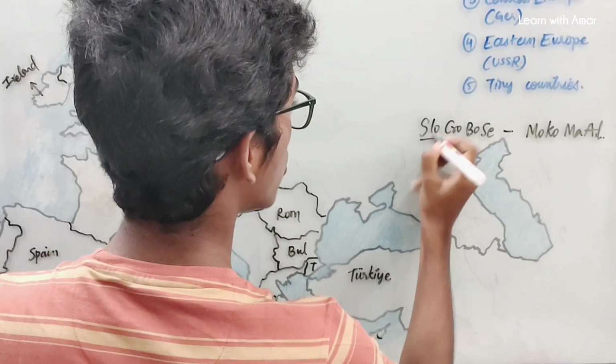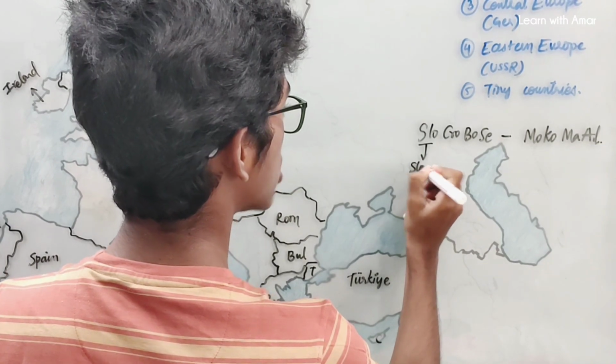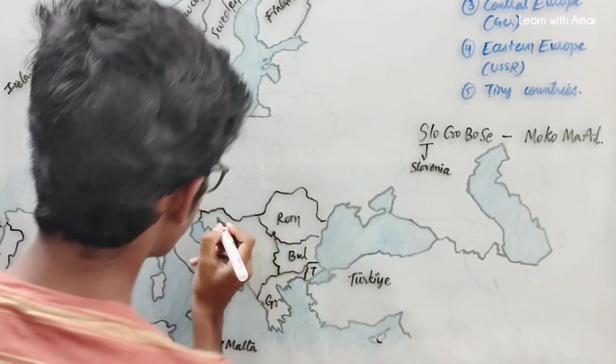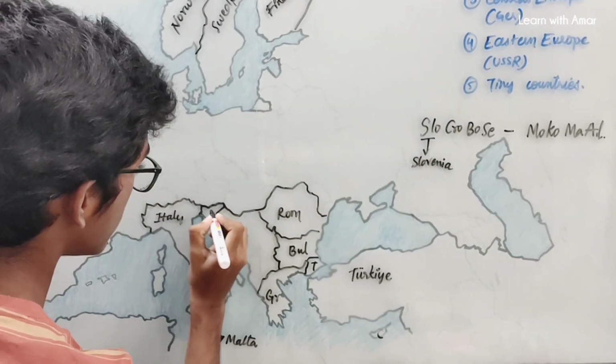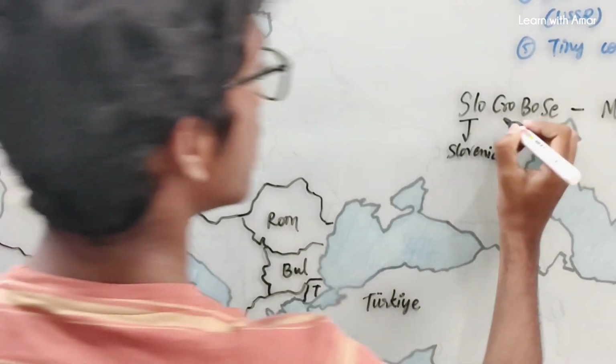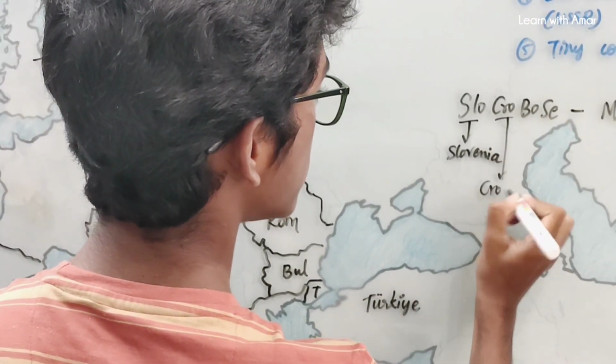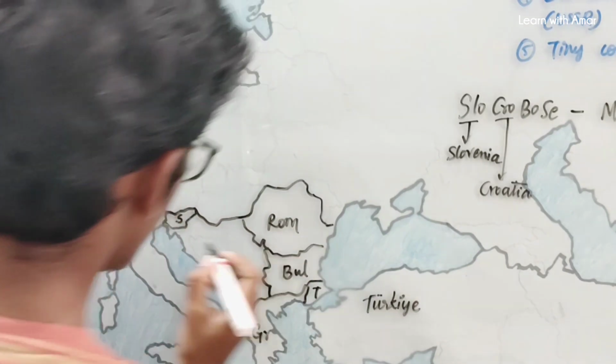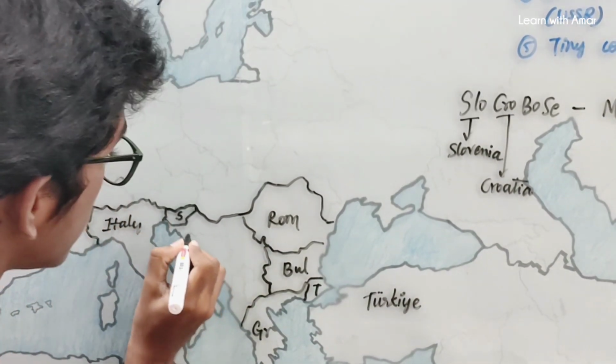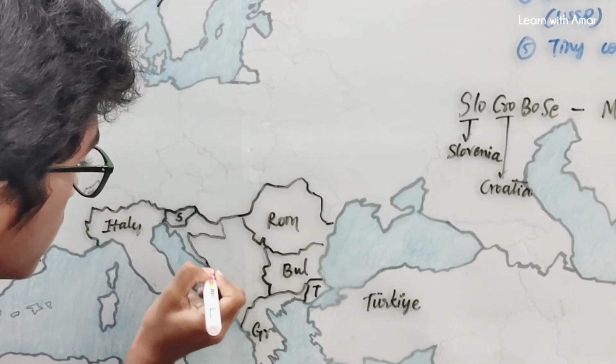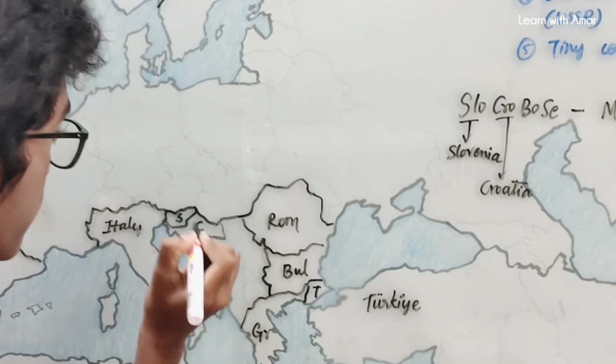First, slow for Slovenia, which is over here, a small one. This is Slovenia. Crow for Croatia, which is this one. This is Croatia.